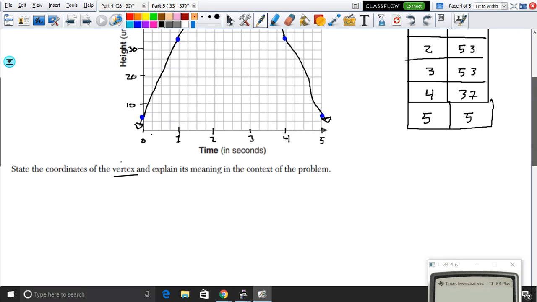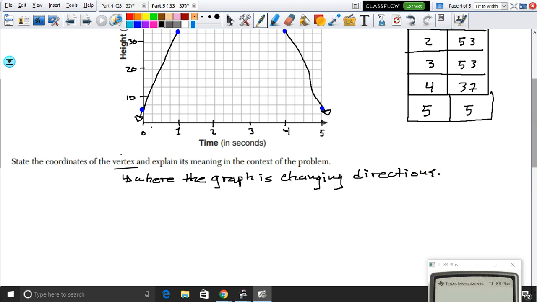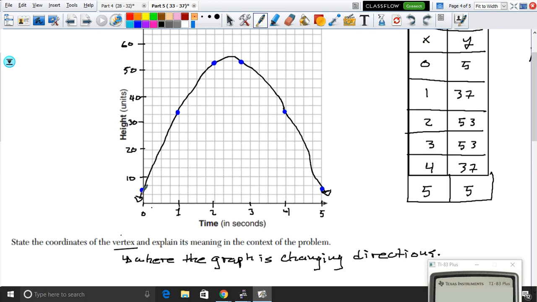So we got to remember what the vertex is. The vertex is pretty much where the graph is changing directions. Now, what do I mean by that? Well, notice that if we go from left to right, the height is increasing, increasing, increasing.